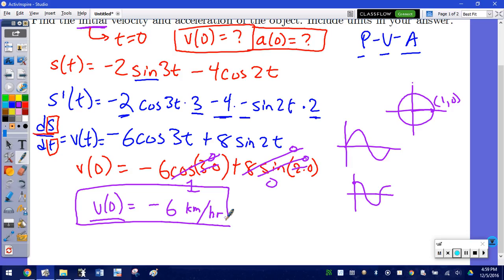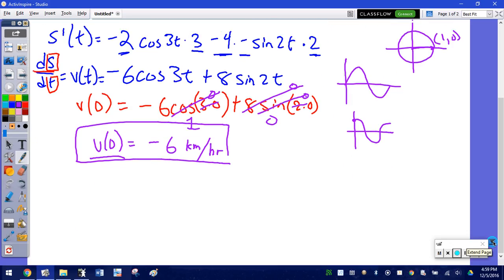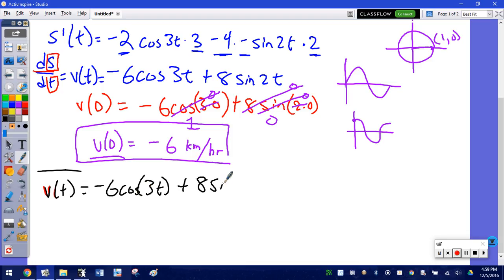The second question was, what is the initial acceleration? So we need to find the acceleration function. We have velocity here from the previous step: negative 6 cosine 3t plus 8 sine 2t.